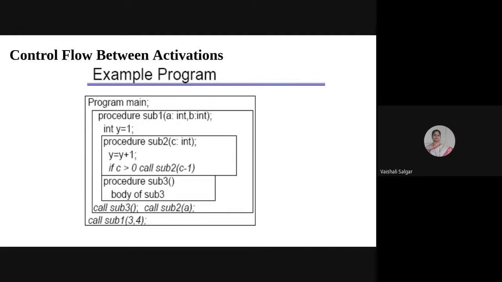We have to write the function definition separately, but we can call a function within a function. Function definition within a function is not possible in C programming. The syntax shown on the slide is specifically for Pascal programming.